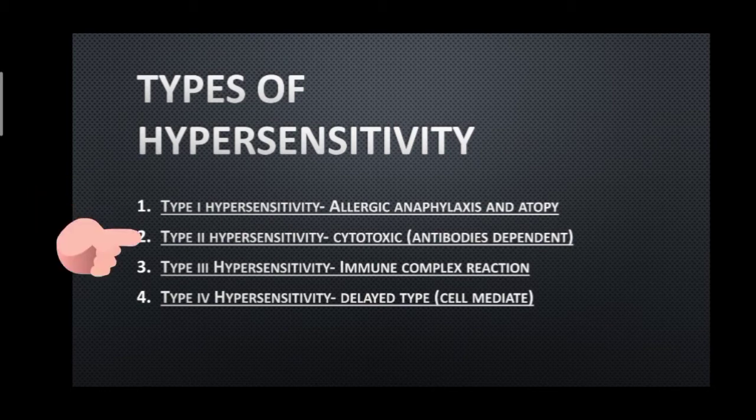Next one is type 2 hypersensitivity, which is generally called cytolytic or cytotoxic, which is antibody dependent. Type 3 hypersensitivity is the immune complex reaction. And type 4 hypersensitivity is the delayed type, which is cell mediated hypersensitivity. In this video I focus only on type 1 hypersensitivity.